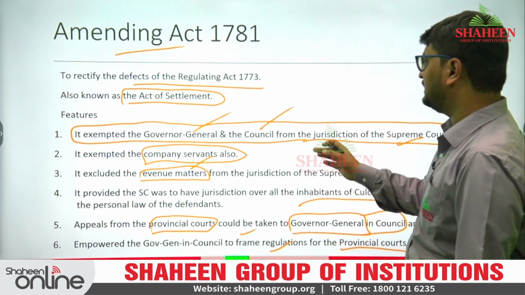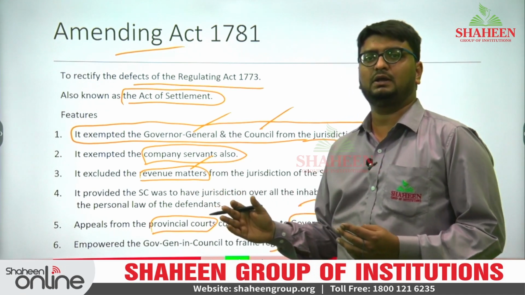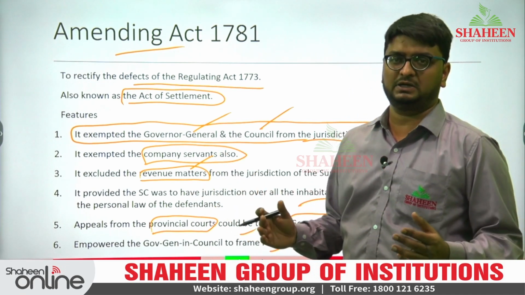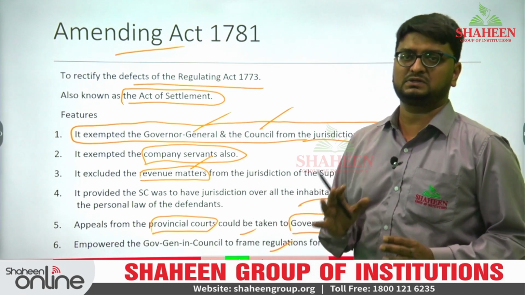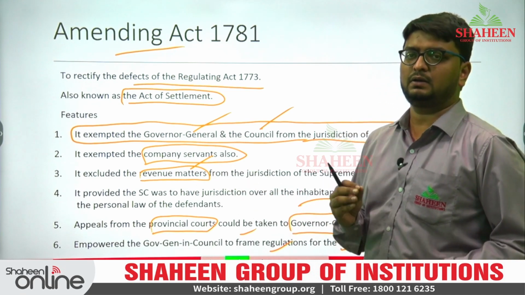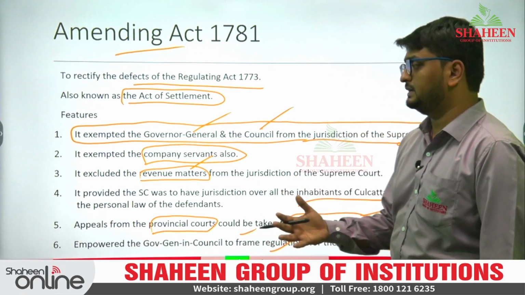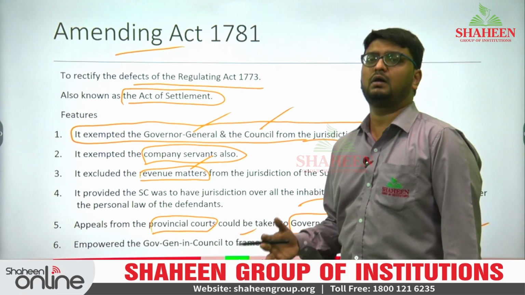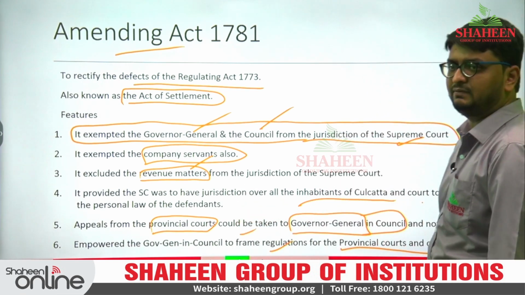So here you can see there is more separation between the judiciary, the Supreme Court, and the East India Company. Now the Supreme Court cannot do anything related to East India Company's matters, not even related to the Governor General or Governor General in Council or servants of the company or revenue matters. Okay, so this is the Amending Act of 1781.